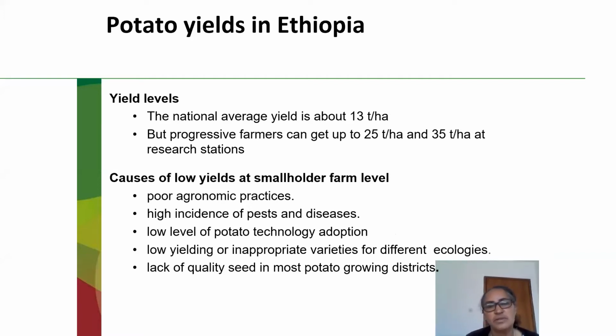There are many causes of this low yield. Some of them are poor agronomic practices, high incidence of pests and diseases, low level of potato technology adoption, inappropriate varieties for different ecologies, and lack of quality seed in most potato growing districts.